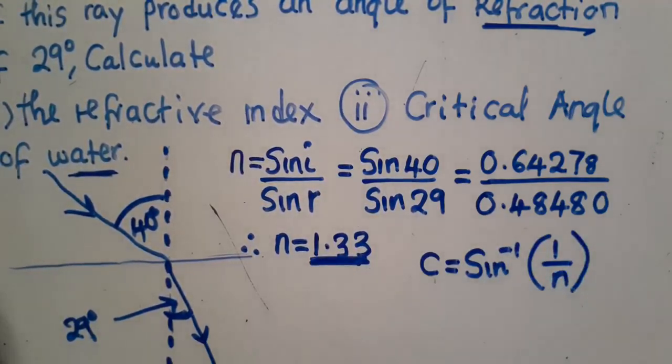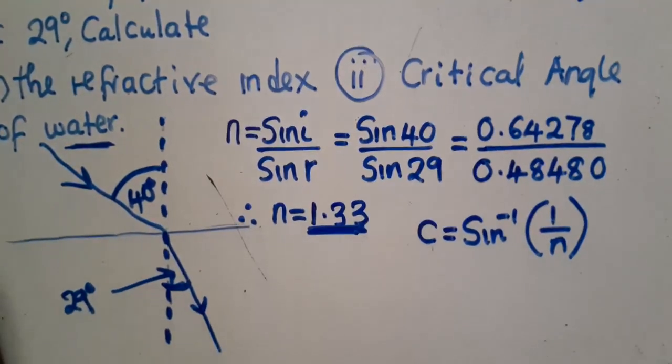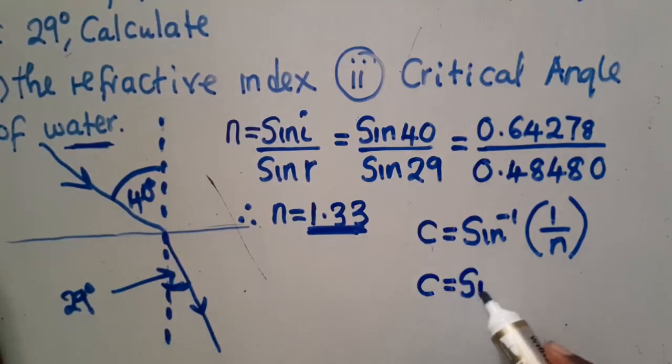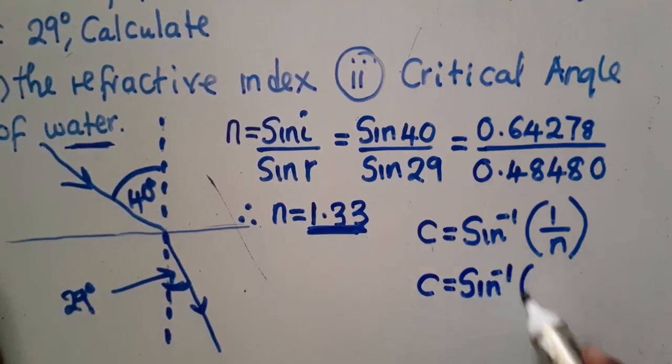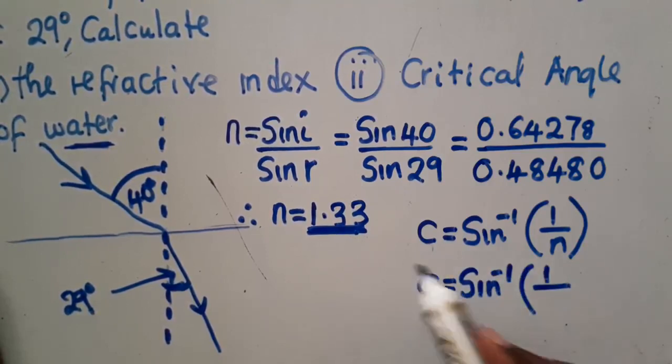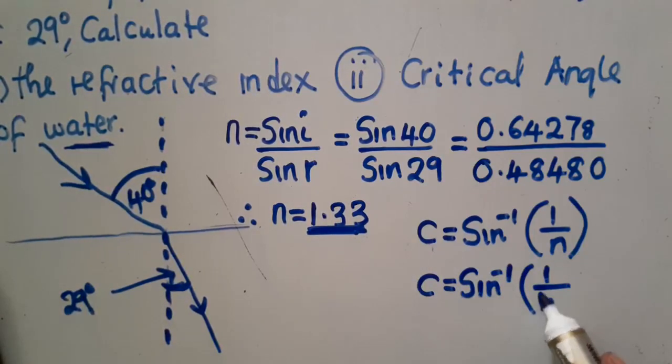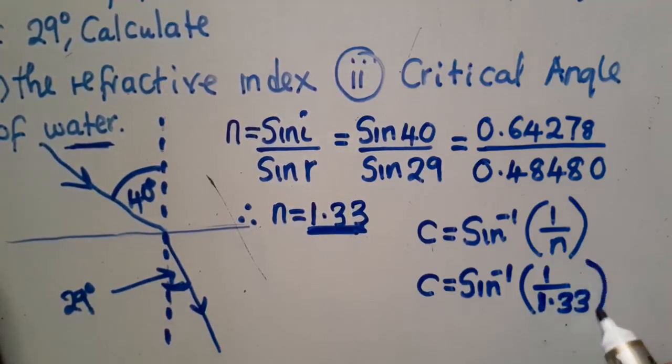So you just do the substitution. This is now equal to sine inverse of 1 over 1.33, the refractive index. You cannot find the critical angle without the refractive index.